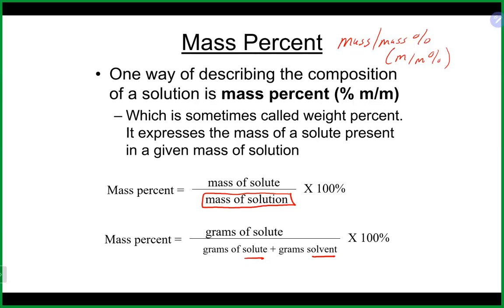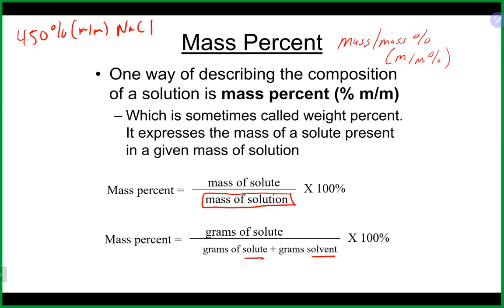If you had a solution, for example, that was 4.5% by mass sodium chloride, you could convert that into a usable conversion factor. Usually when we're dealing with percentages and we want to turn it into a number, we assume 100 of it, and that makes the percentage and the numbers basically the same.